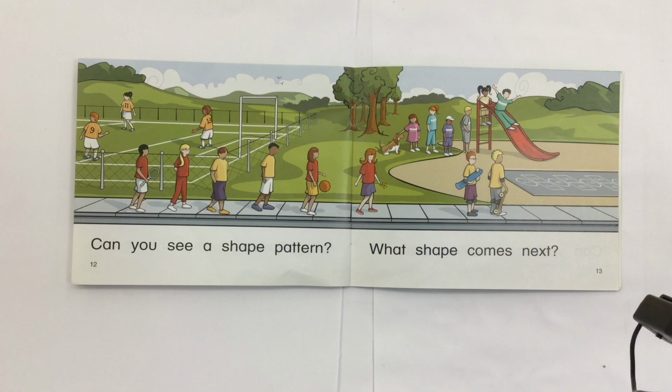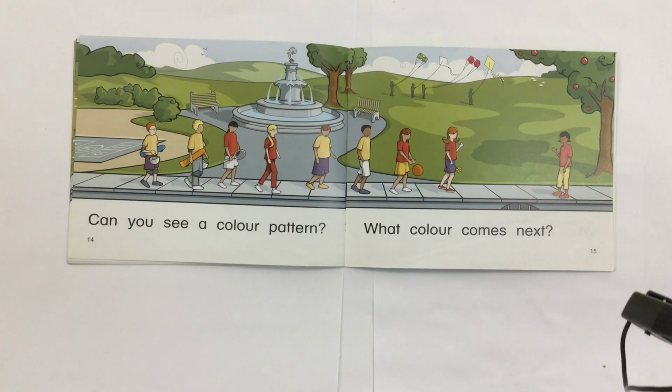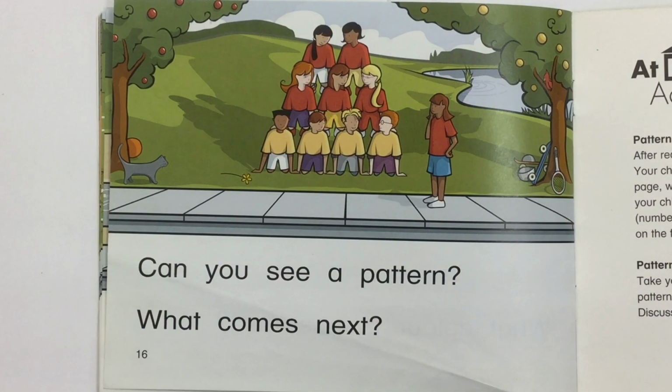What shape comes next? Can you see a color pattern? What color comes next? Can you see a pattern? What comes next?